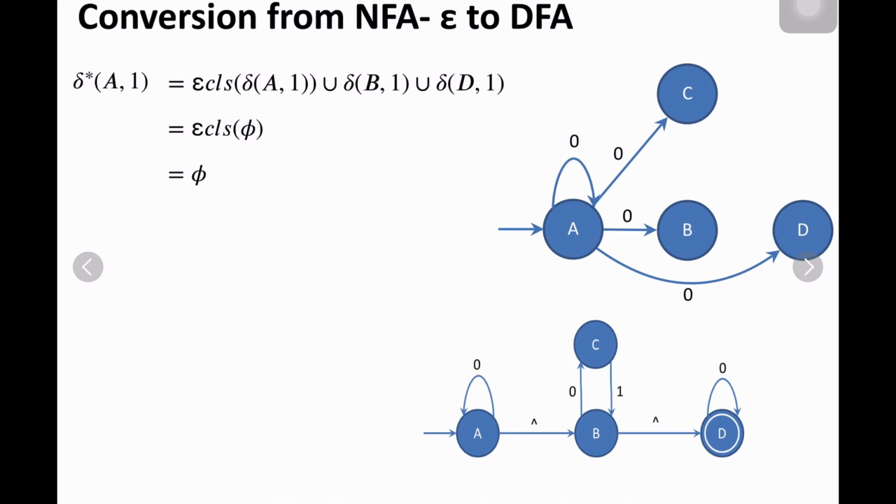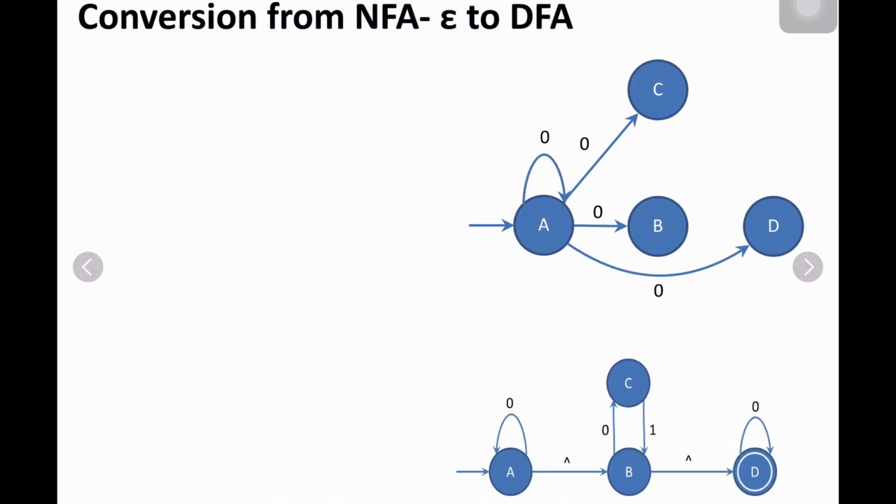Take B. B on epsilon, you again have to find the closure of epsilon. That means B can reach D, so E-closure of B is B and D. Then you can find the transition for B, again on inputs 0 and 1.